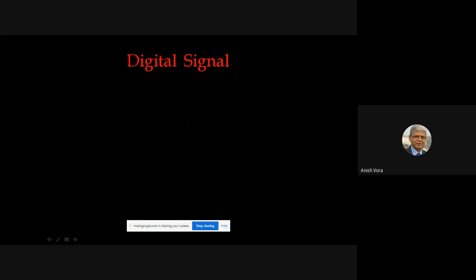So first we start with digital signal. Suppose we deal normally with analog signals, right? For example, in the newspaper we read that the temperature was this much at this time and that much at that time. So with time the temperature varies.